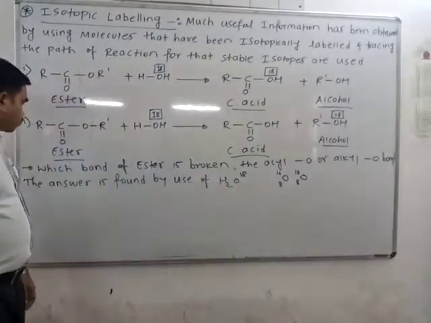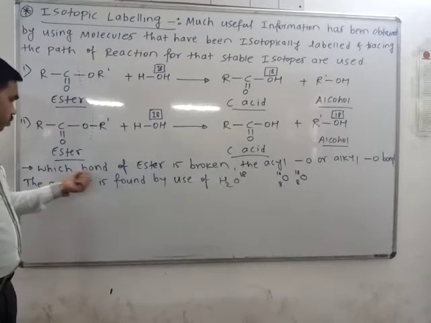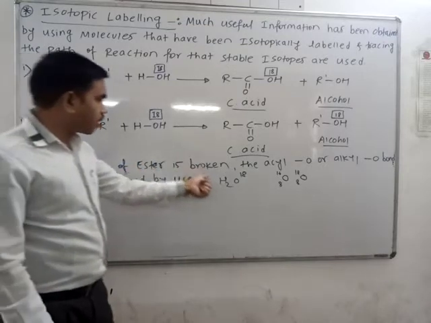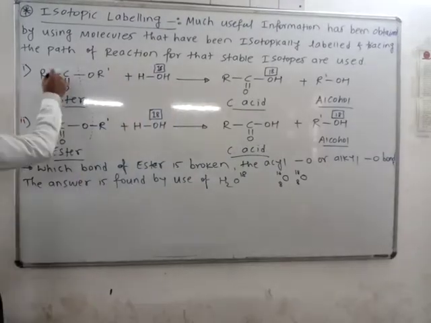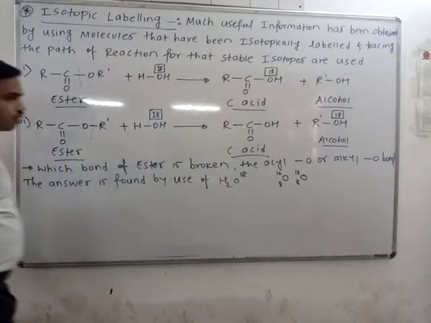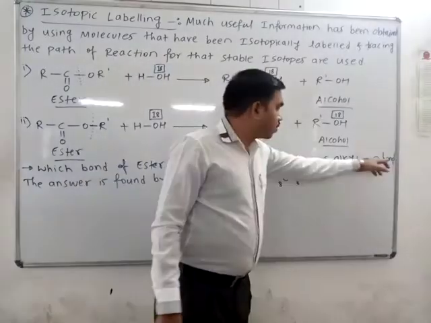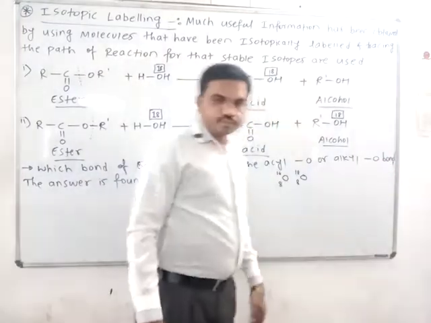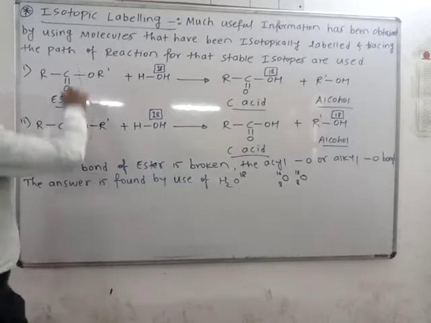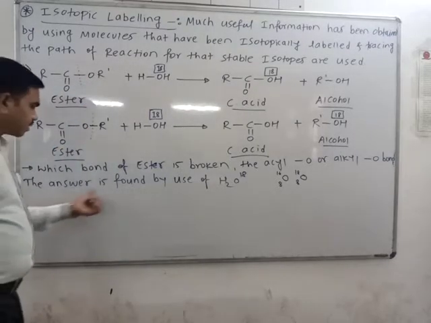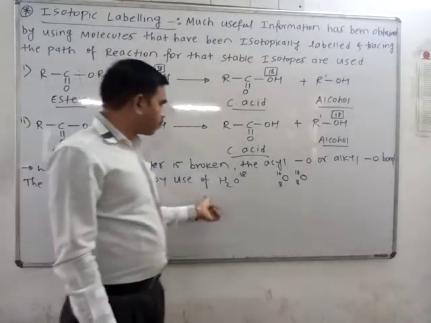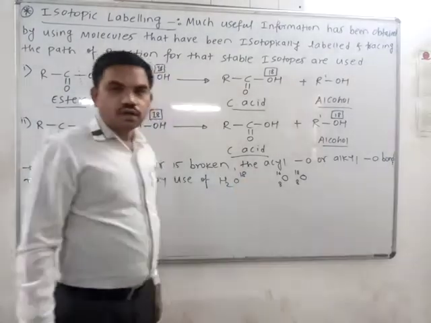Okay, so you can see here which bond of the ester is broken: the acyl-O, meaning this C-O, or the alkyl-O bond? Which bond has broken, this one or this one? The answer is found by use of H2O-18.